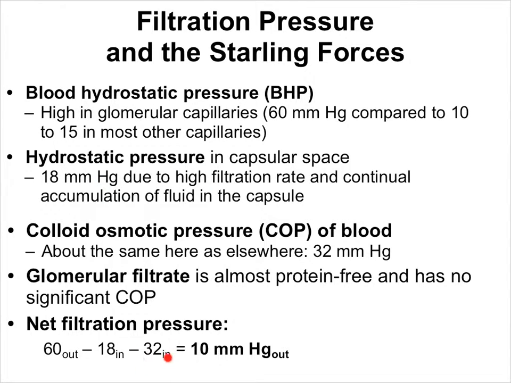And that 32 is pulling blood back in due to osmotic pressure. So the 60 minus the 18 minus the 32, that's your net out pressure. So in this case, in a normally functioning kidney, it should be somewhere around 10. That can change dramatically based on how much blood pressure you're generating in the glomerulus, what the osmotic pressure of your blood is, and the hydrostatic back pressure of the capsular space. This one usually doesn't change under normal circumstances.